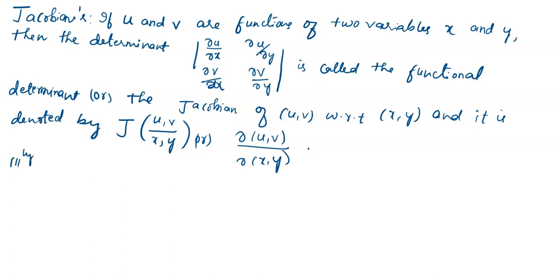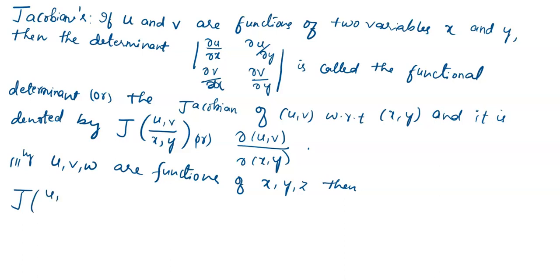Similarly, if we have three functions which depend on three variables, that is u, v, w are functions of x, y, z, then the Jacobian of u comma v comma w with respect to x comma y comma z is defined as the determinant.